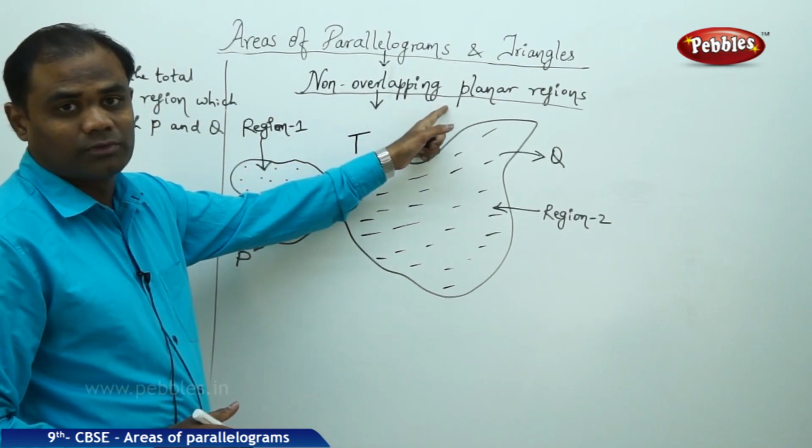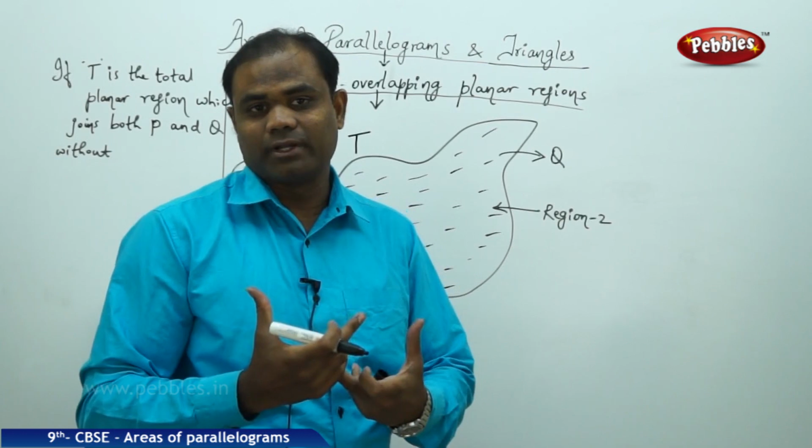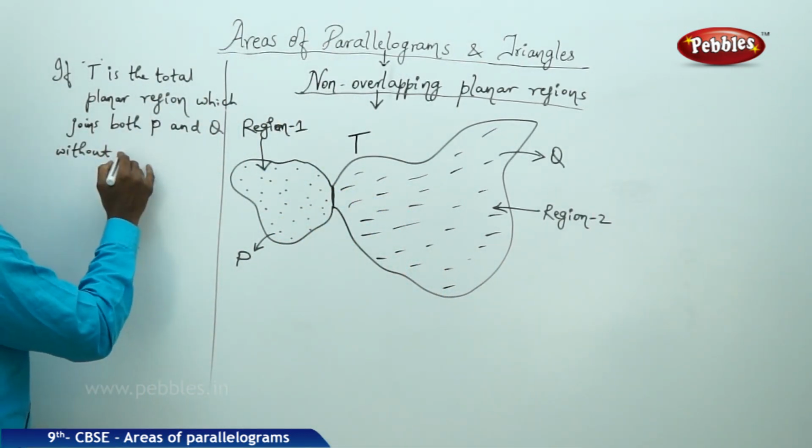One of the most important things is that the planar regions do not lose their area when they are joined. They are non-overlapping, so this plays an important role.